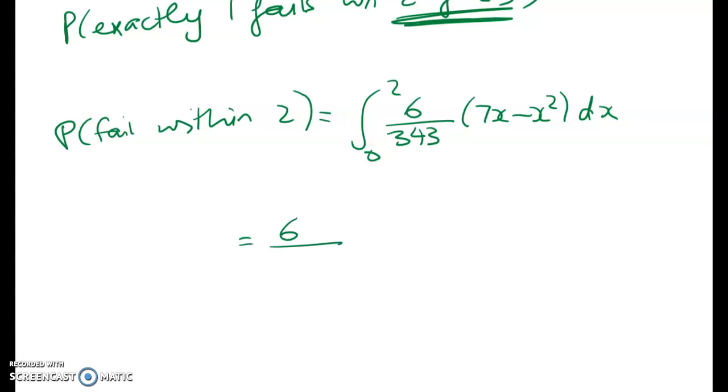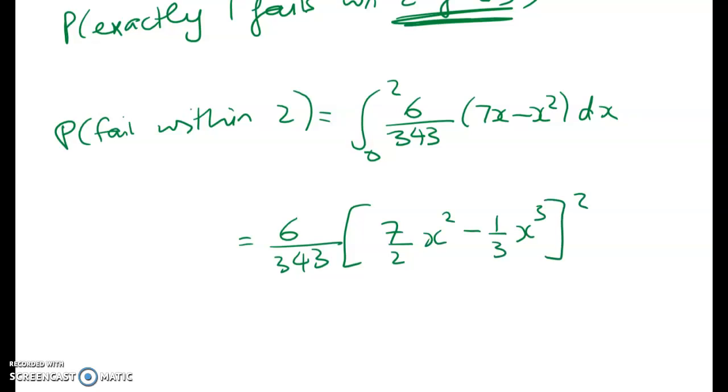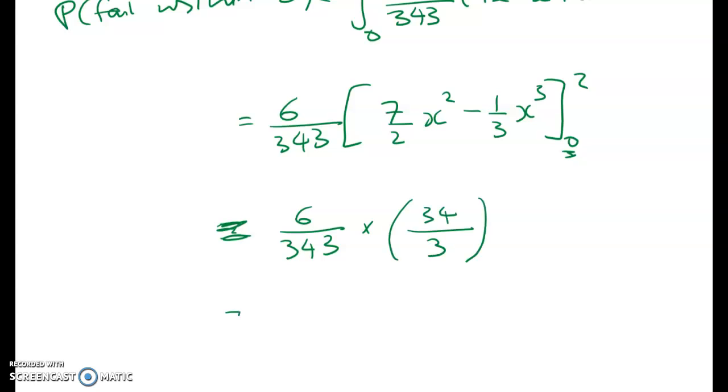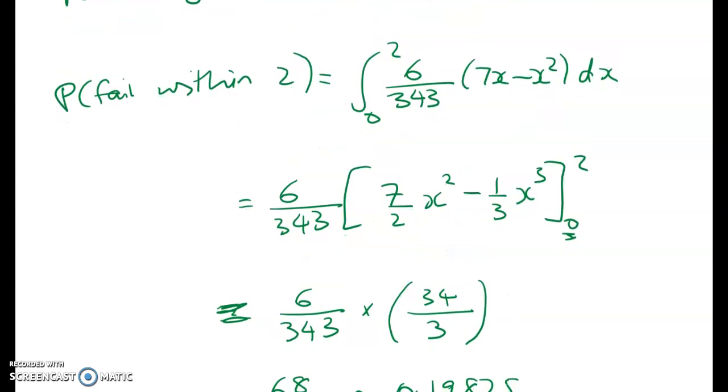So this gives us 6 over 343 times this integral, limits this time are 2 and still 0. When you work that through, I'm going to skip this next step because I'm sure you've got this down by now, but you get 6 over 343 times, what do we get? Well, we get 34 over 3, which gives us 68 over 343 as a fraction, which is roughly 0.19825. So that's the probability of failure within 2 years.